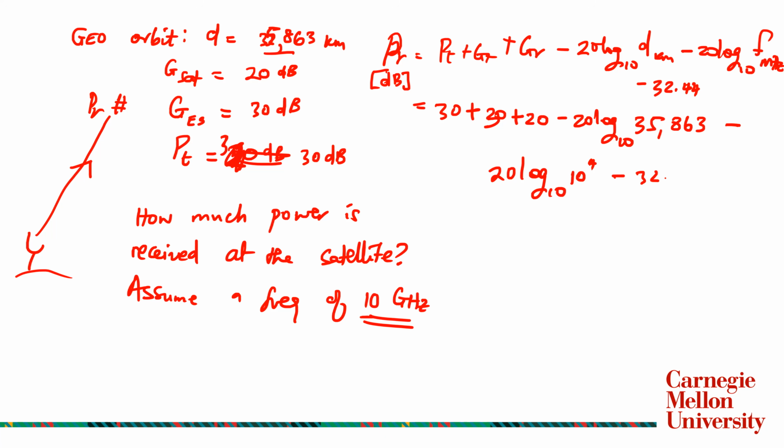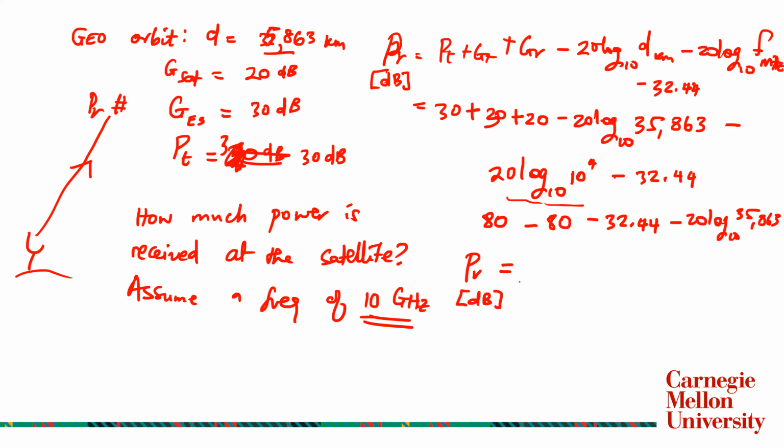Then minus 32.44. This becomes 60 minus 80, this term here because of that 4, minus 32.44 minus 20 times log of 35,863. Somebody can get me this one. And then we have our PR in dB as, what does that become?